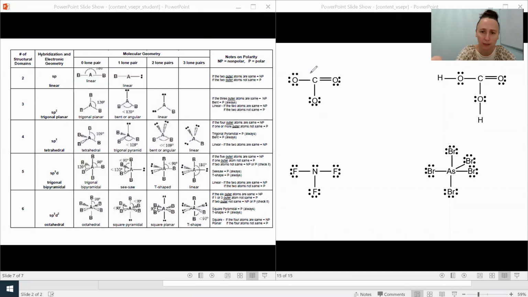So let's look at our carbonate ion. Around the central atom of carbon, we have 1, 2, 3 domains. That means we're going to go to the row that has 3 domains in our table. The electronic geometry is trigonal planar, and I have 0 lone pairs.